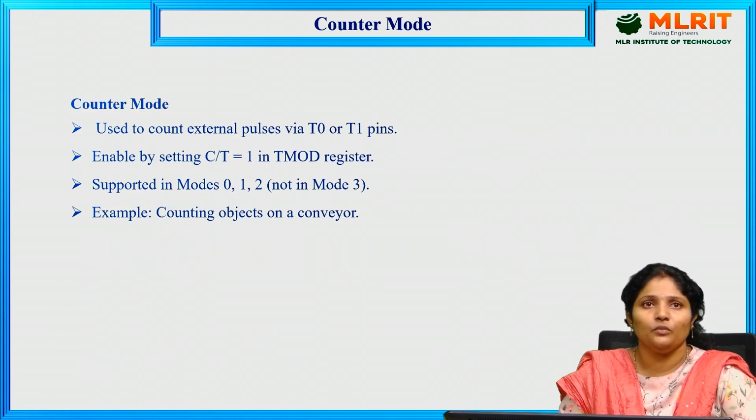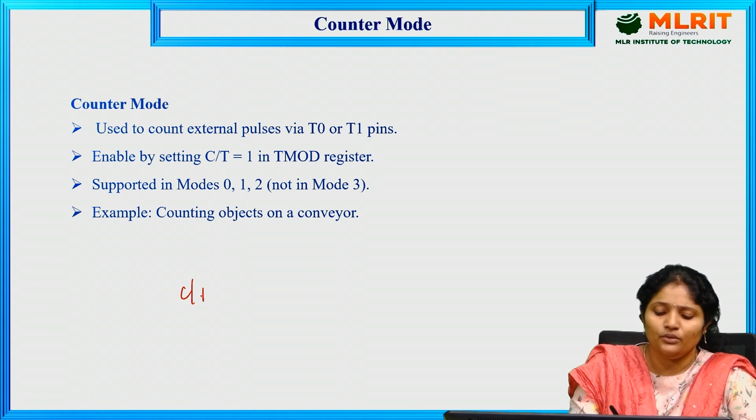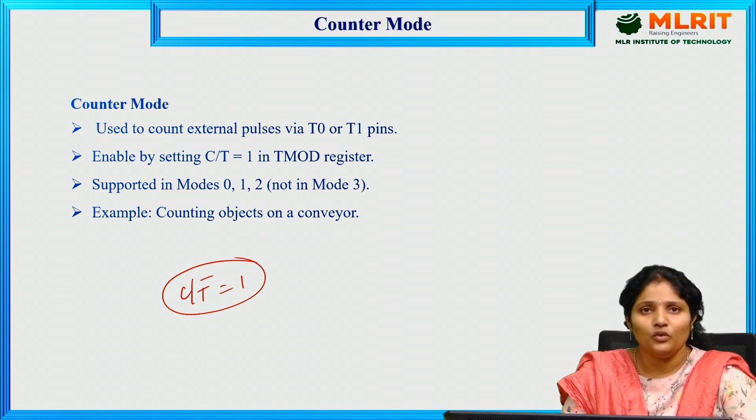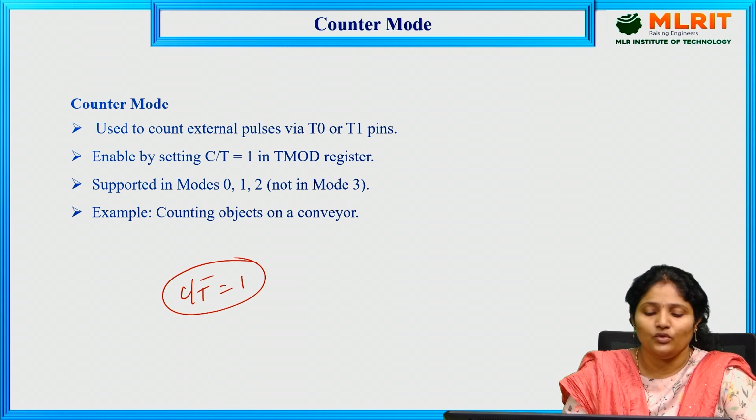In counter mode, if I want to select a counter in the TMOD register, I need to keep the C/T bar value as 1. Then only the timer and counter unit will be operated as a counter. In this case, only 3 modes are supported by counter operations: mode 0, mode 1 and mode 2. Mode 3 will not be available for counters.